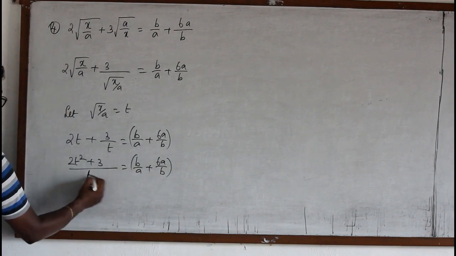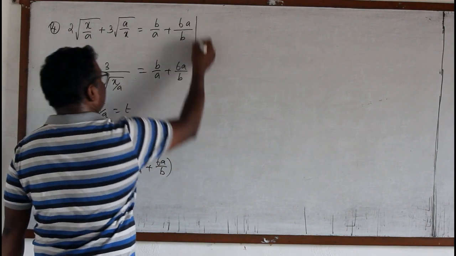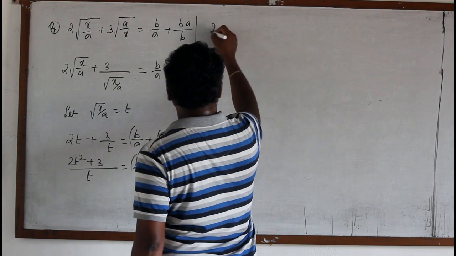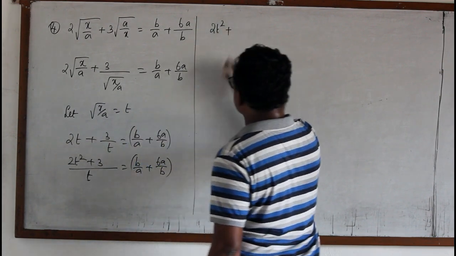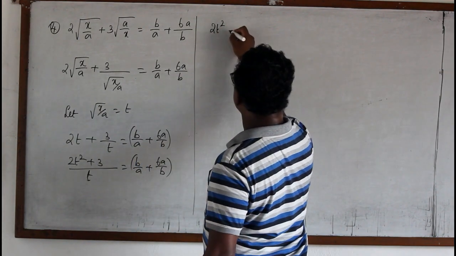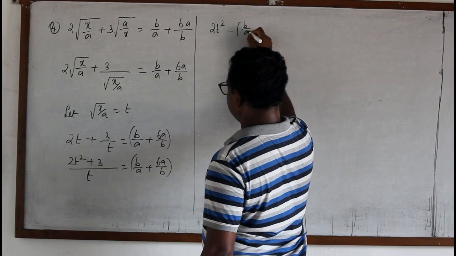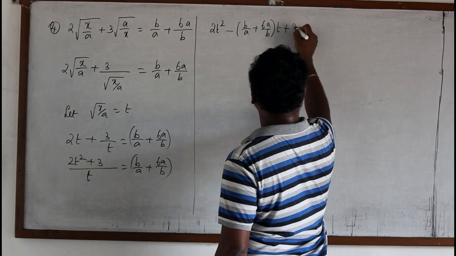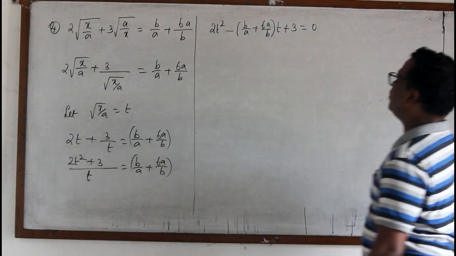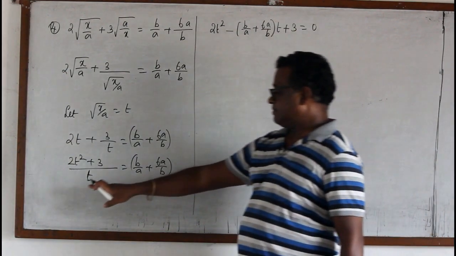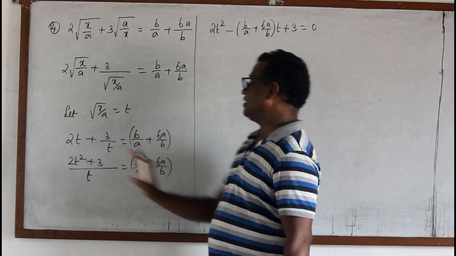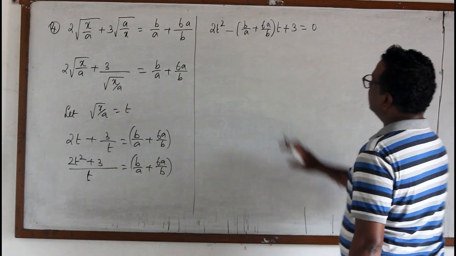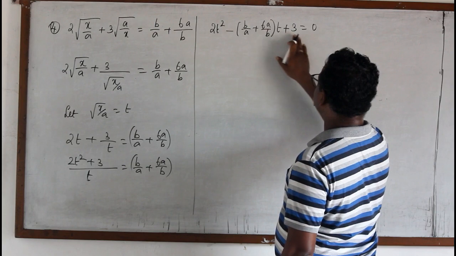Cross multiply and write in order, it becomes 2t square minus (b by a plus 6a by b) into t plus 3 equal to 0. Hope you will be understanding. I am cross multiplying with t, taking to the other side and writing in order. Now it is a t square term, t term and a constant term.